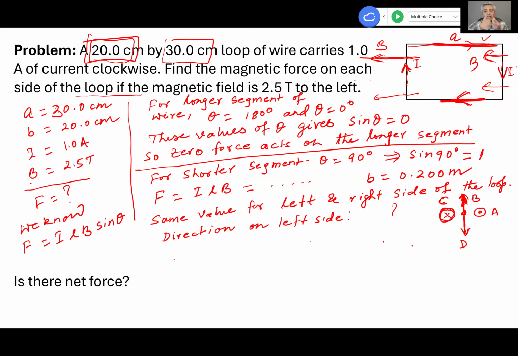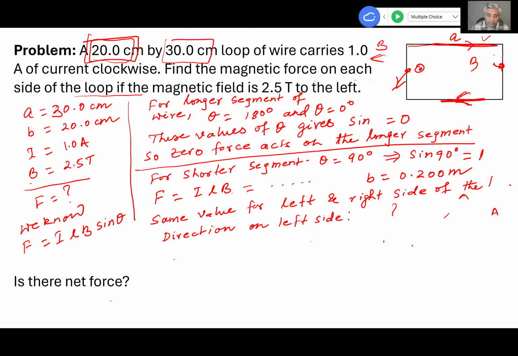So when we do that and then curl in that direction, the thumb goes down, so that would be C. That means the force from here is coming out, and over here the force is going in. They are in opposite directions, but they have the same value.